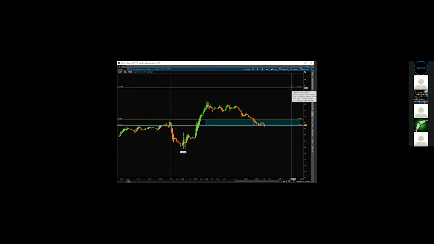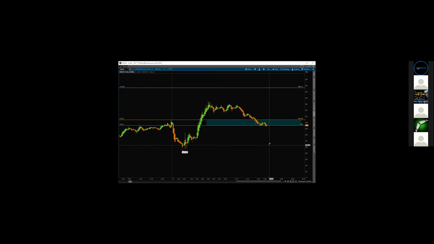So I have my big picture one. It's not really interfering, but this is the big move for the day. I'll run that one for the same scenario. So as long as this holds up right here, then that's the target, 301. If this breaks, then we would have the 127 target to the downside.